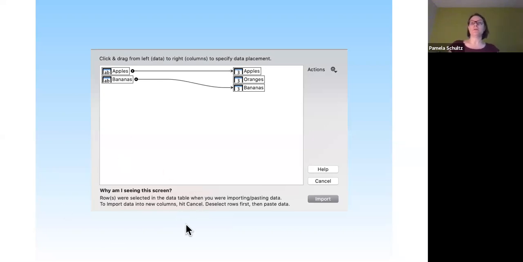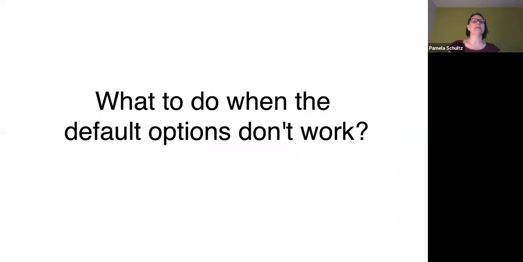You will see this screen when DataGraph is not entirely sure which column the data you're appending belongs to, and it will allow you to specify that. So you can override, customize, or specify where the data is going. Again, this is just for appending data. I'll show you an example of that.